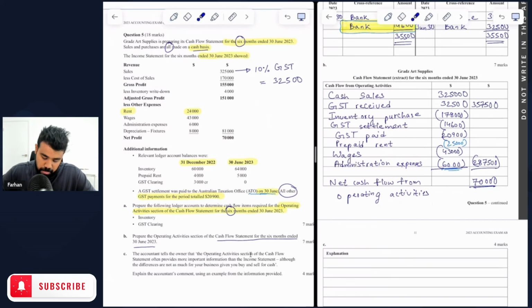So as you can see, there are differences between how we calculate net profit and how we calculate the net cash flow from operating activities. So this is what you have to talk about. And when the question asks you to use an example from the scenario given, you just talk about the inventory write-down and depreciation of fixtures being the non-cash items, which do not quite reflect in the preparation of the cash flow statement from operating activities. Right. So this is how you need to structure your response to get a full 4 out of 4 in this case.